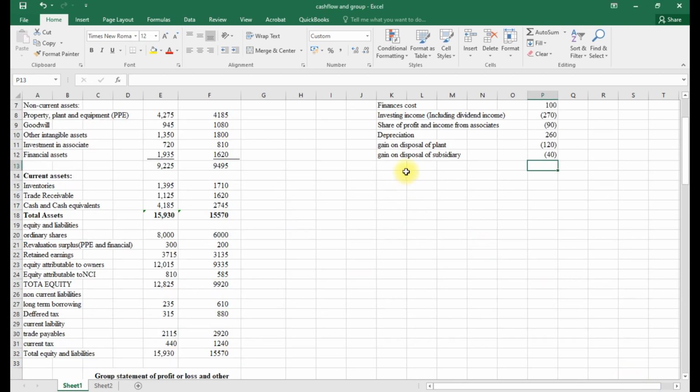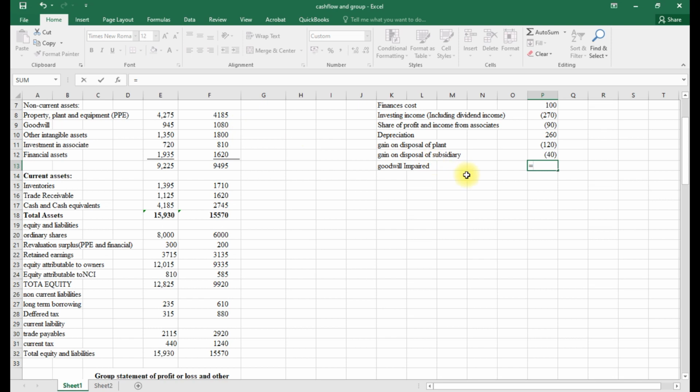So the next thing, we calculate the goodwill impaired. When you look at our goodwill, at the beginning it was 1080 and at the end it was this, but this one is sold, 30.